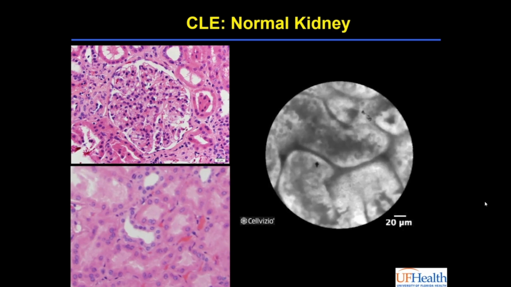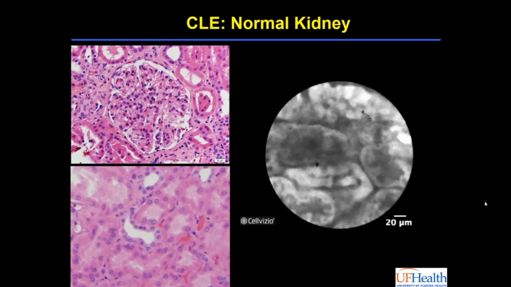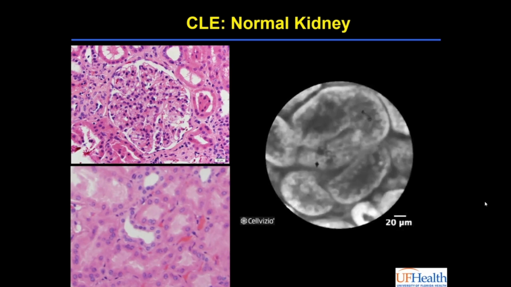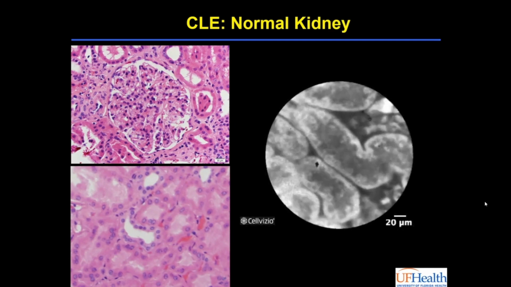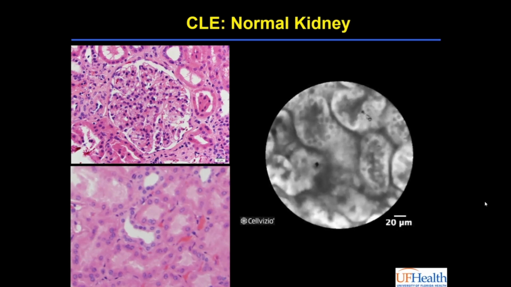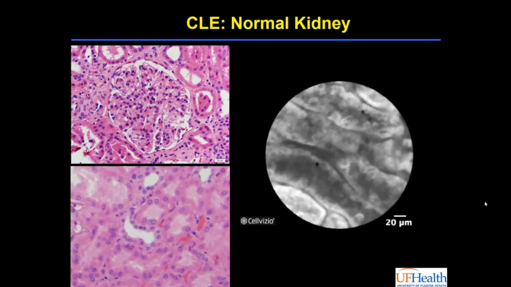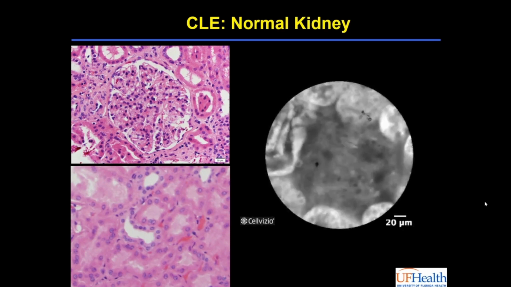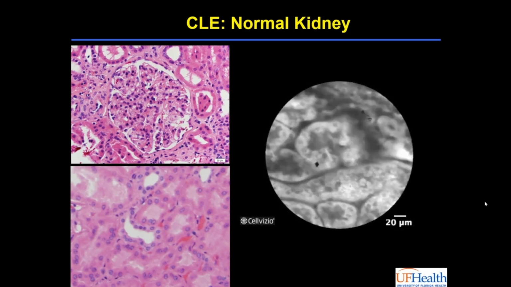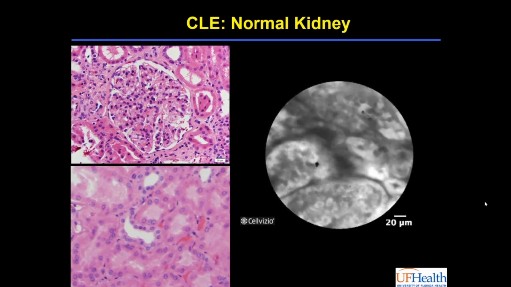You can see tubules, you can see the glomerulus, which is the structure that filters blood in the kidney. And so we are very encouraged that CLE, at least on the en face imaging, really provided very similar imaging characteristics, or optical histology equivalent, to what we see in ground truth histology.